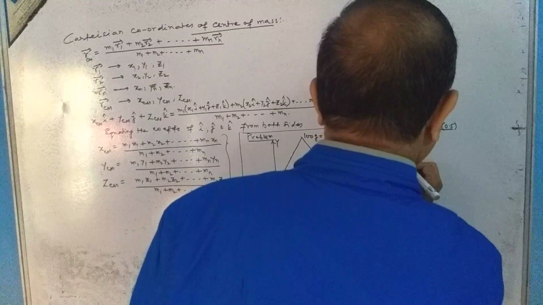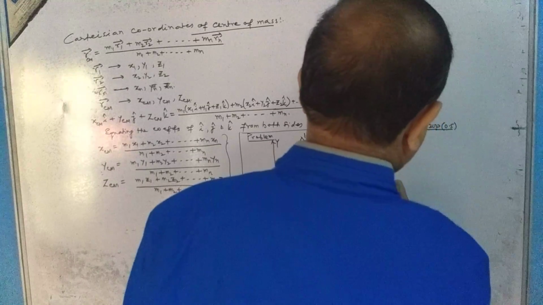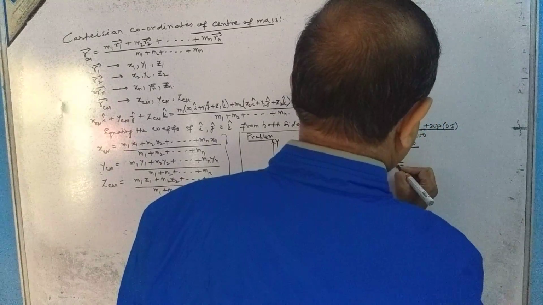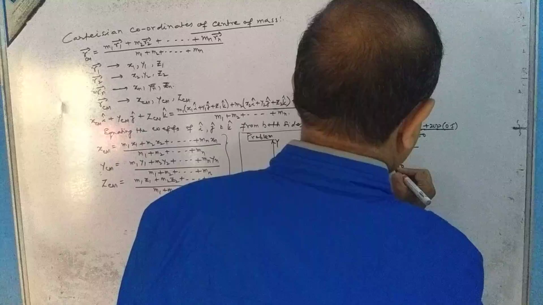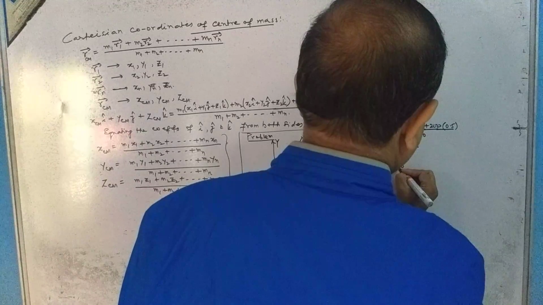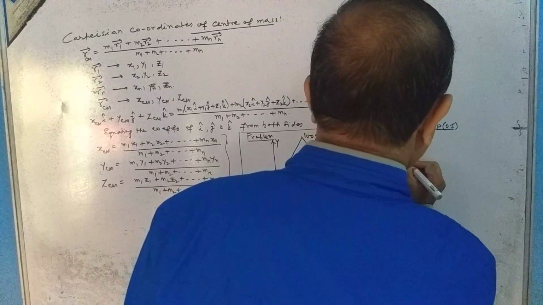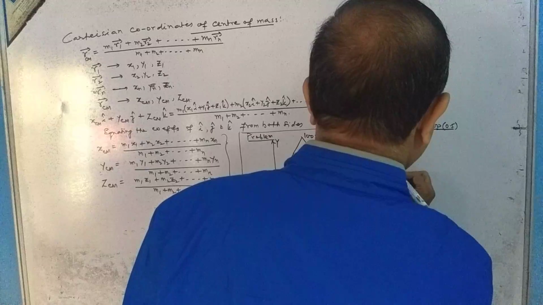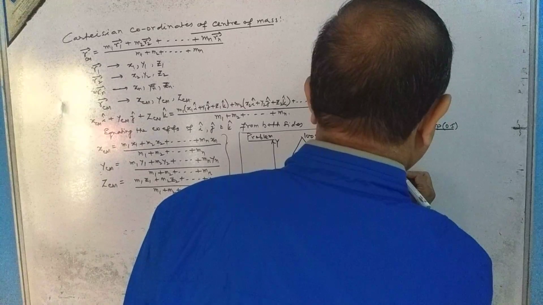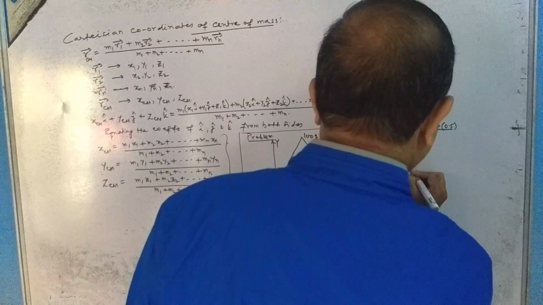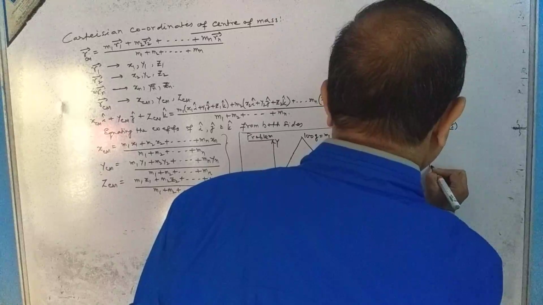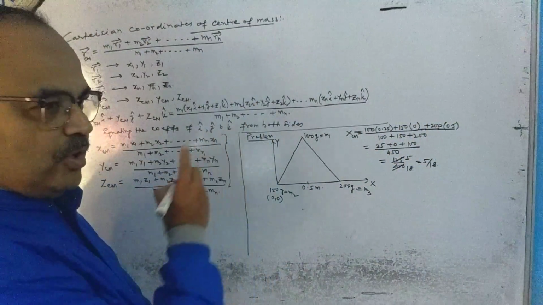How much are we getting? It is 25 by 90, which is 5 by 18. 5 by 18 is one coordinate.